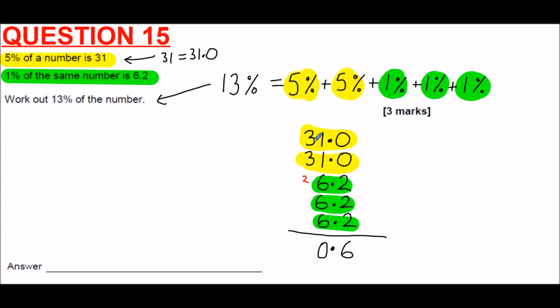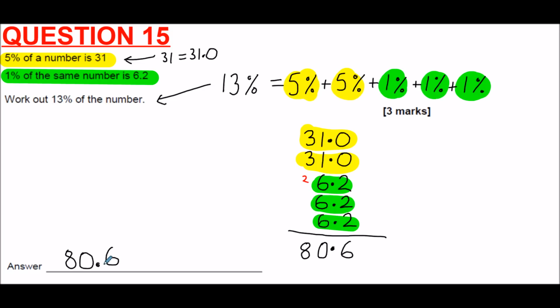So now finally, 3 plus 3 is 6, plus the 2 we've just carried is 8. And so the final answer for this one would be 80.6. It's not the only way of doing the question, but it is a way which will work.